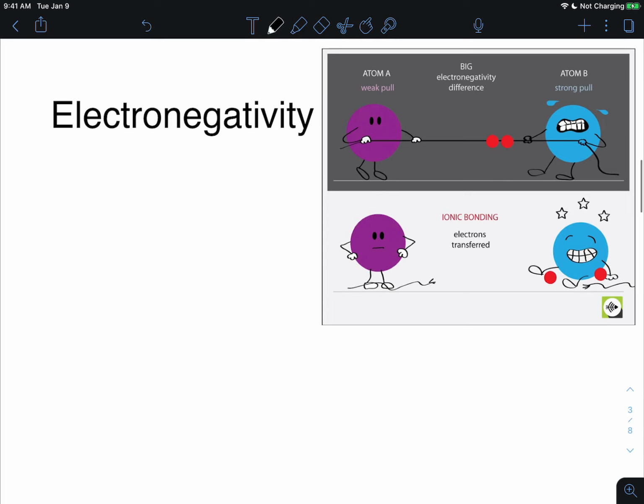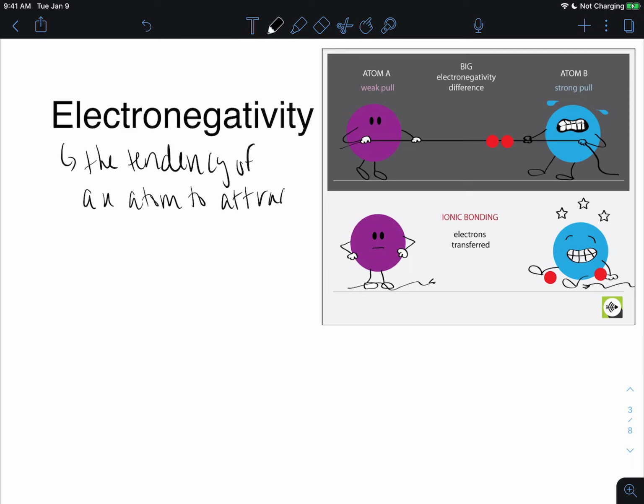So electronegativity itself is defined as the tendency of an atom to pull or attract bonding electrons towards itself. So we are talking about bonding electrons.